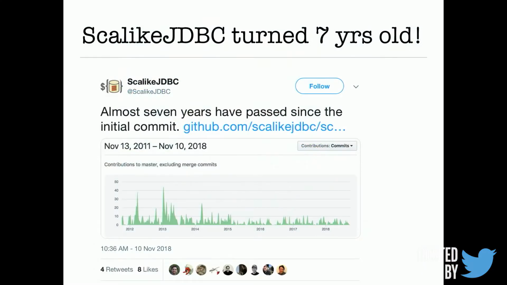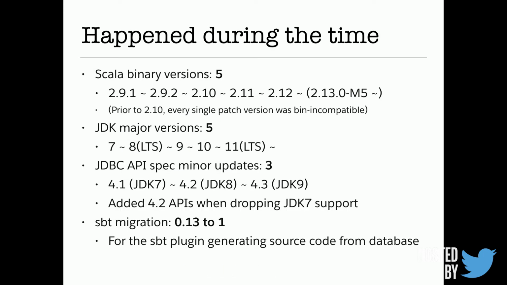So as I said, the ScalikeJDBC project turned 7 years. 7 years is quite long, so we had many major upgrades. We had 5 Scala binary or major versions. We started with Scala 2.9.1, and currently the latest stable version is 2.12. And I'm working on the preparation for 2.13.